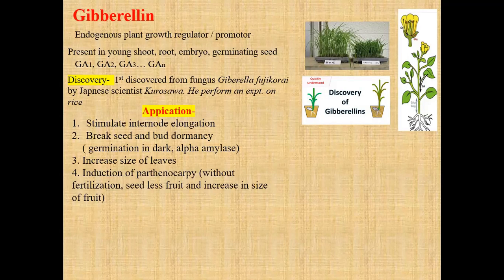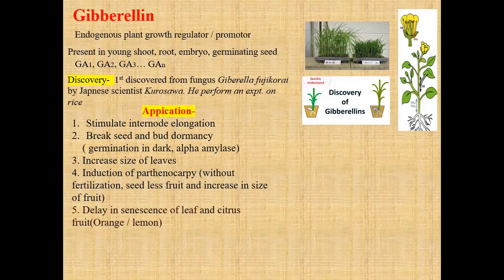Parthenocarpy is nothing but seedless fruit formation without fertilization. If the fruits form and the seeds are not there, such fruits are known as parthenocarpic. For example, grapes, tomatoes and so on. This fruit formation is initiated by gibberellin.